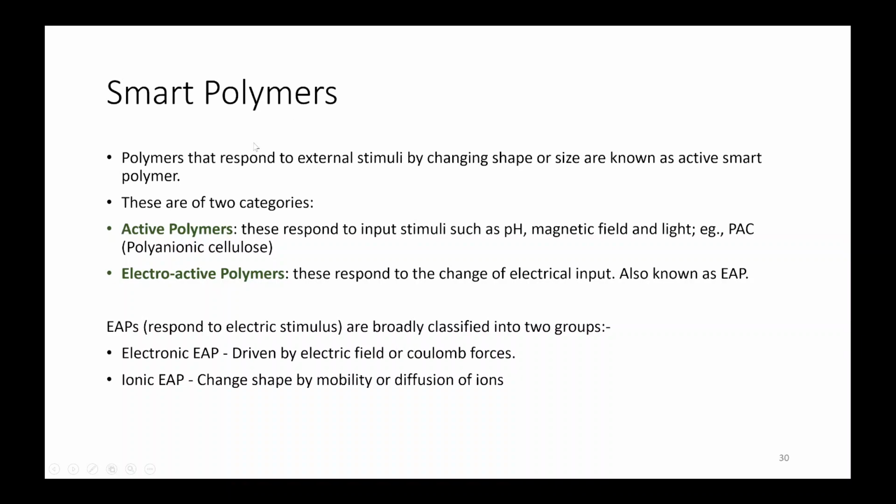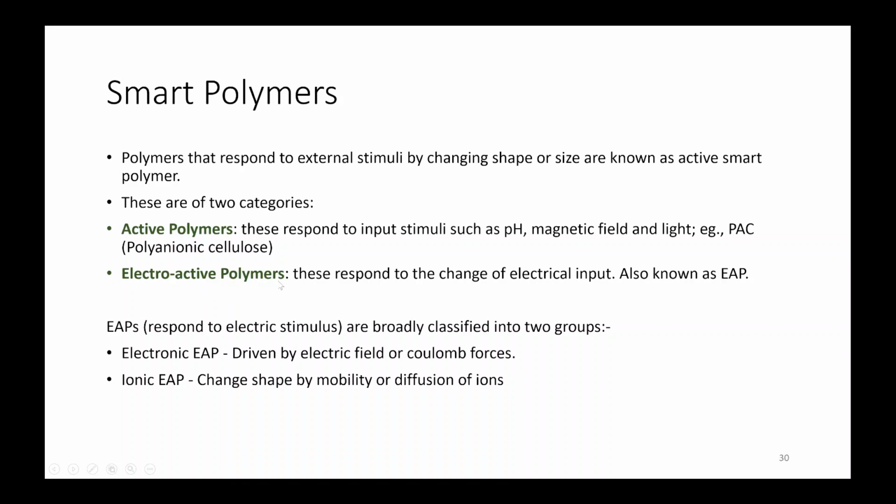Next is smart polymers. Polymers that respond to external stimuli by changing shape or size are known as active smart polymers. These are of two types, active polymers and electroactive polymers. Active polymers respond to input stimuli such as pH, magnetic field and light. An example is polyanionic cellulose.